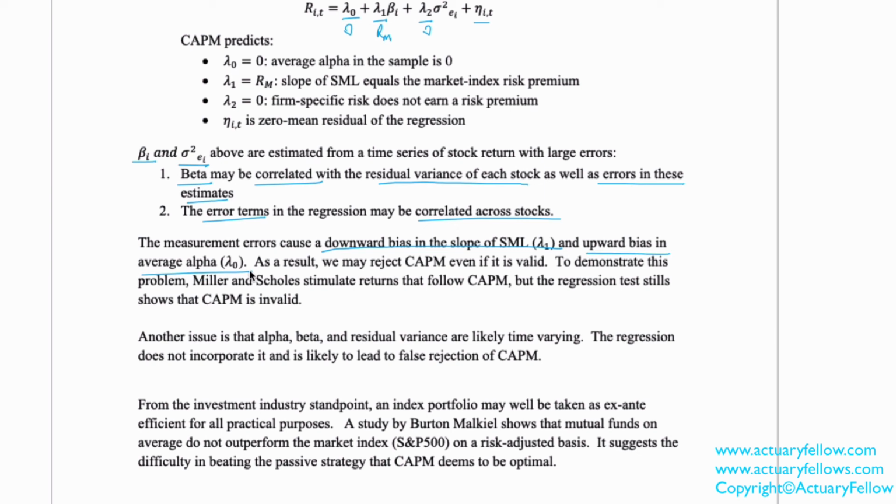Even if returns are simulated using CAPM, the regression test still shows that CAPM is invalid. Another issue is that alpha, beta, and residual variance are changing over time, but regression does not account for it and is likely to lead to forced rejection of CAPM.